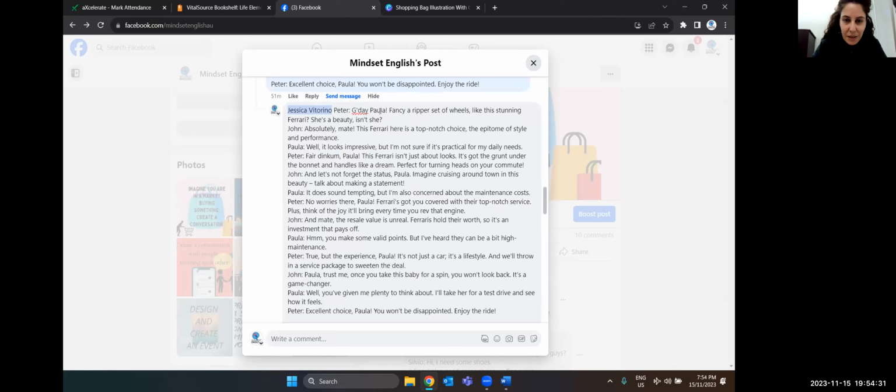Peter: G'day Paula. Fancy a ripper set of wheels like this stunning Ferrari? She's a beauty, isn't she? Absolutely, mate. This Ferrari here is a top-notch choice. Epitome of style and performance.